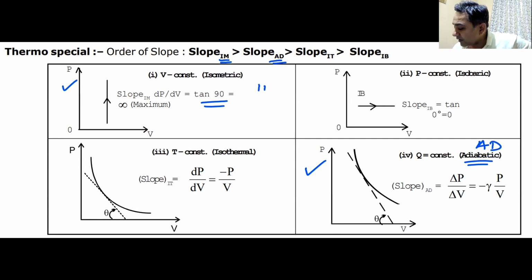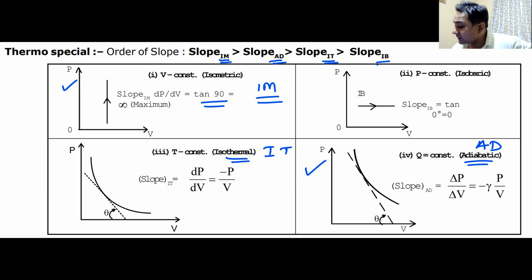This is isometric IM. The biggest slope, which is infinite almost, is for isometric or isochoric process. Then you have adiabatic process. Then you have IT. IT means isothermal process. I hope you are drawing all these things together, 4 graphs in the same page.